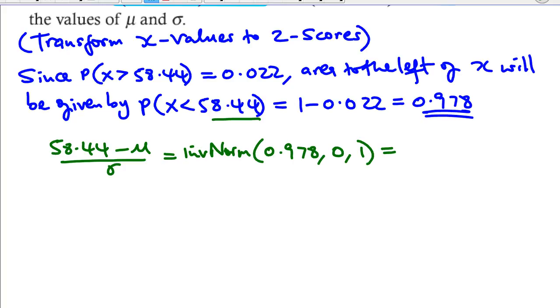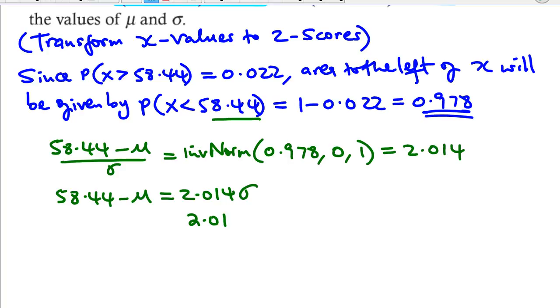Now, if you plug that in your calculator, you get 2.014. And then you can go ahead and rearrange this, which will give you 2.014 standard deviation plus mean is equal to 58.44.